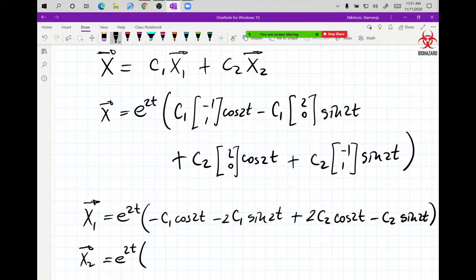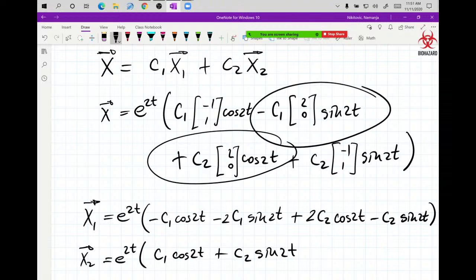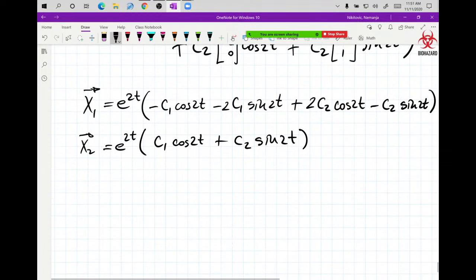So that's going to be e to the 2t. So we have c1 times 1, so c1 cosine 2t. Now the c2 dies at a 0. Then, sorry, this one, negative c1, dies at the 0. This one also dies at the 0 on the bottom. And then you have plus c2 sine 2t. So the only thing that is left for me is to simplify the top equation, and we're done.